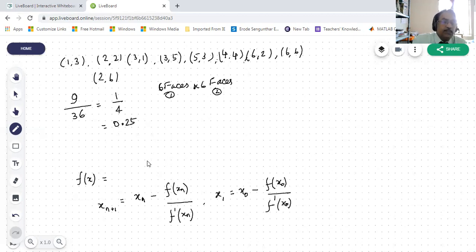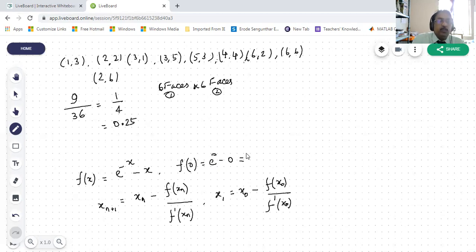So we shall now write the function: e power minus x minus x. Is there any initial guess? Yes, the initial guess is 0. What is f of 0? f of 0 is e power 0 minus 0, which is equal to e power 0.